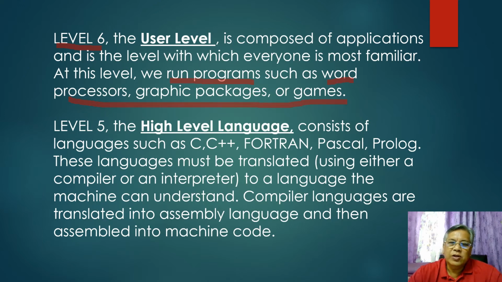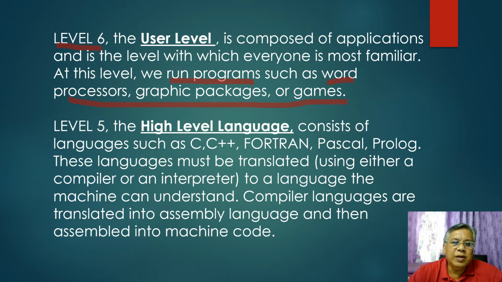This is where all your executable programs are executed. For example, if you want to make an application letter, we run the Microsoft Word processor. Or if you want to play Dota, that is an application game.